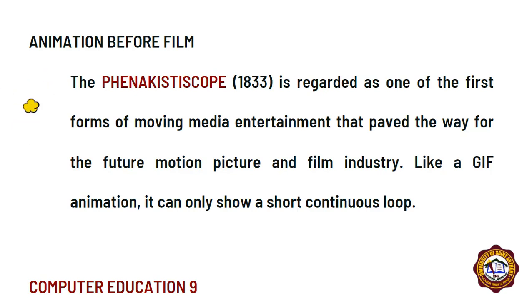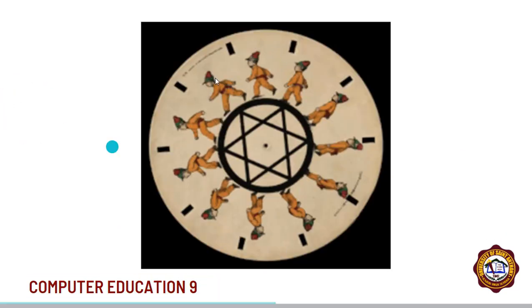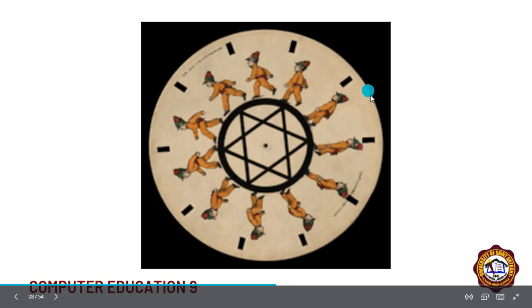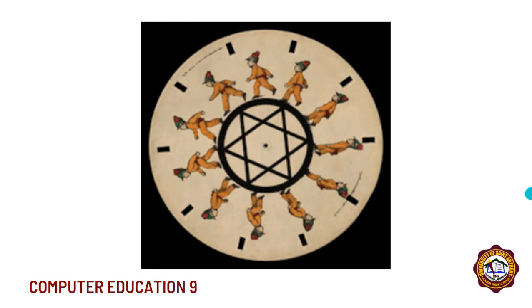So it can only show yung short continuous loop. Okay? So di ba yung GIF ano lang, seconds lang. So ganun din yung phenakistoscope. So, ito ulit siya. So, kanina pinakita ko siya. So, mabilis lang yan. Ilang segundo lang yan pag umikot. Then, tapos na agad. Okay?